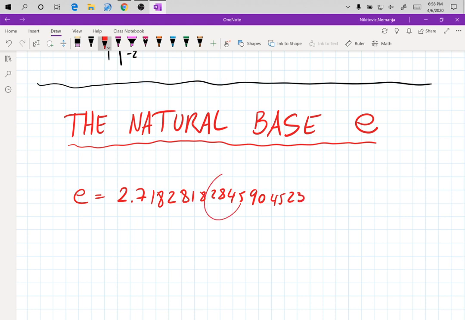The book stopped somewhere in here. If you are a nerd, you're going to remember as many of these as possible because it's cool. So it goes on forever, it never stops. There's no pattern, and the decimals never stop.